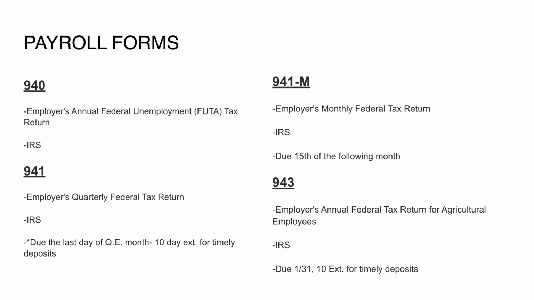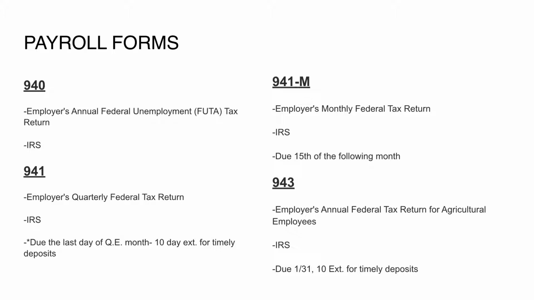Form 941M. Employer's monthly federal tax return, reported to the IRS, due on the 15th of the following month. Form 943. Employer's annual federal tax return for agricultural employees, reported to the IRS.